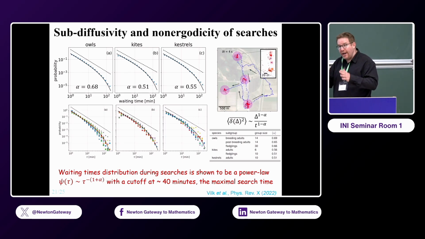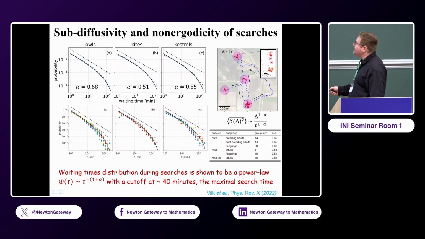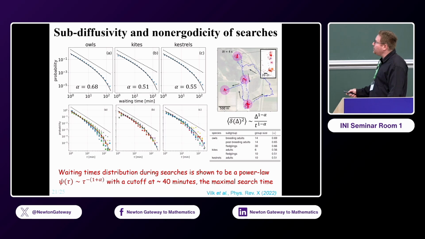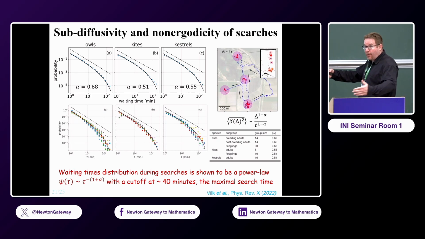So these are two independent pieces of evidence that show that the underlying model is a continuous time random walk. The bird doesn't know anything about continuous time random walk, of course, but the waiting time distribution and the behavior of the TSD both are consistent with CTRW.